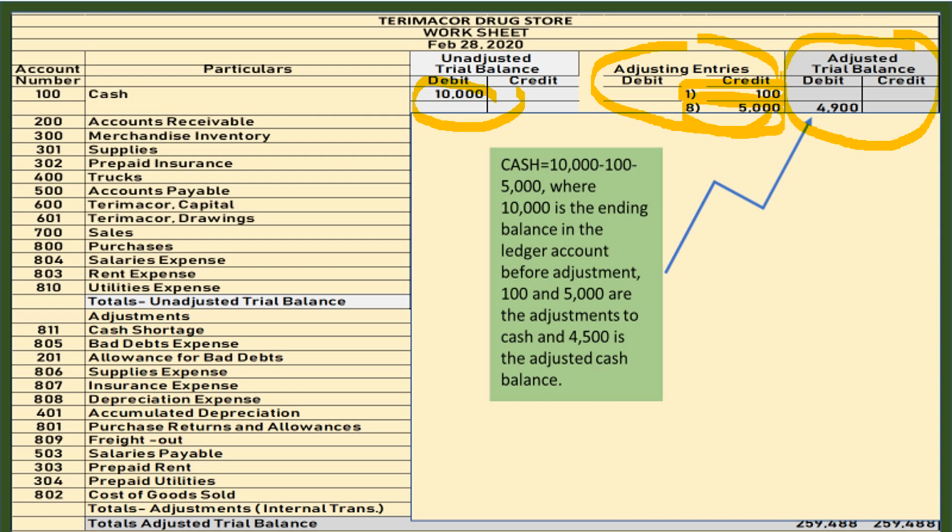Therefore, 10,000 minus 5,100, we have a debit of 4,900 for cash. So all these items will be reviewed, and the adjustments will be compared with the balance in the unadjusted trial balance, and the difference or the sum will be forwarded to the adjusted trial balance.